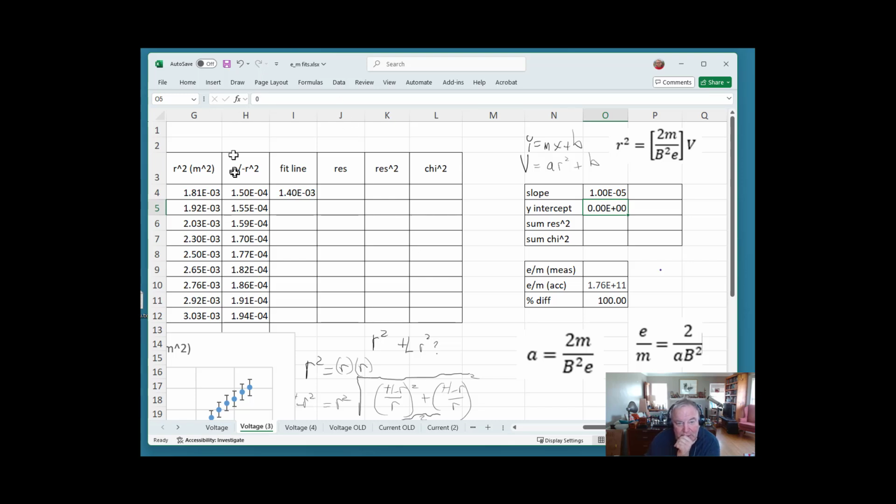Okay, now it's in the ballpark. All right. And if we like, we can do the res equals data minus the fit. And the res squared is simply that squared. And we'll fill that in.